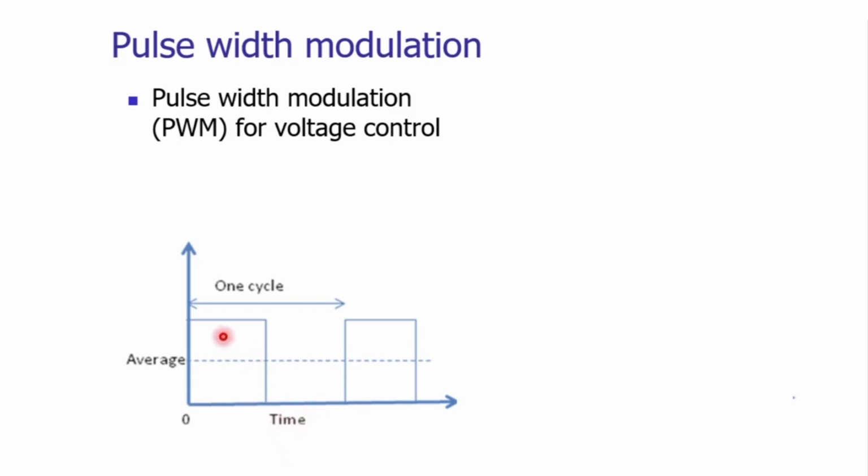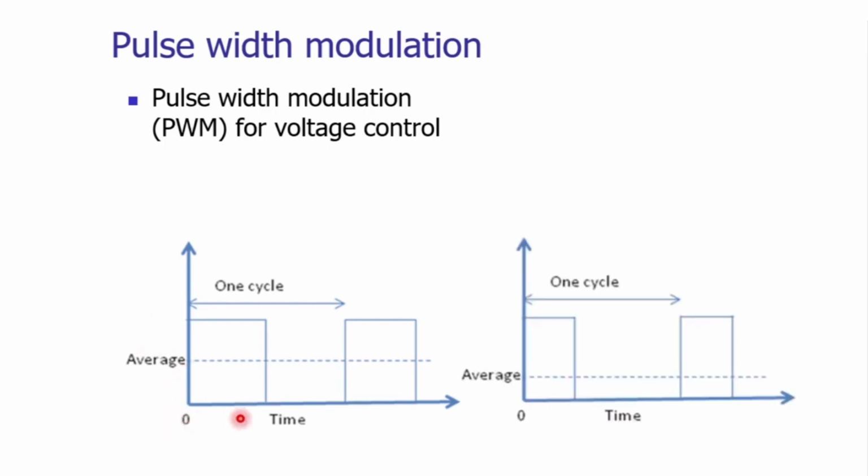So this reduces the average value of the voltage over the period of the pulse cycle time. So this X would be reduced to X by 2. So X would be reduced to 0.5 of the X. Now in the next case, what we have done, we have increased the off time.